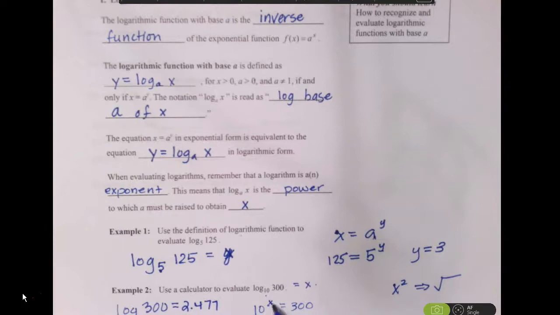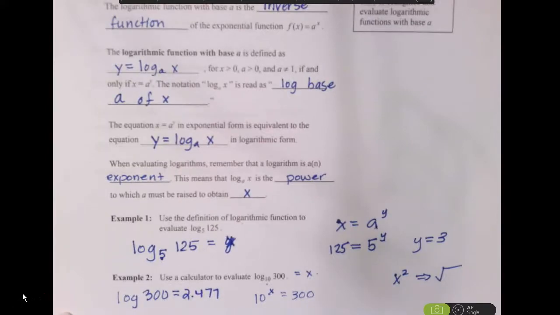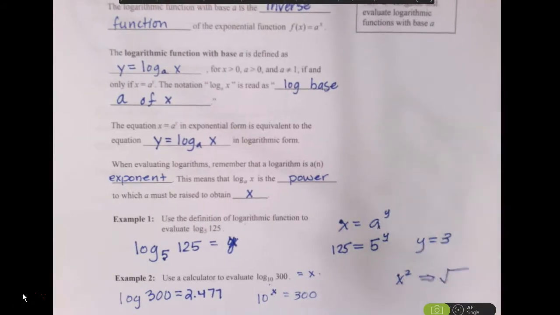And we knew that the power of 10 here was going to be somewhere between 2 and 3, right? Because 10 to the second was 100, 10 to the third was 1,000, so we needed something between 2 and 3. So that logarithm is what's going to enable us to solve those problems.